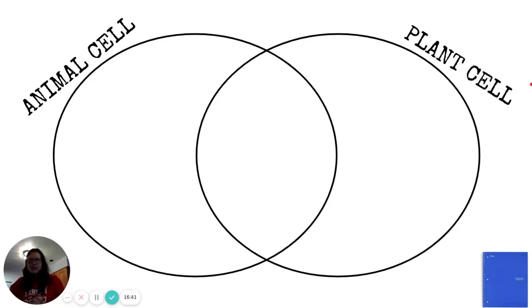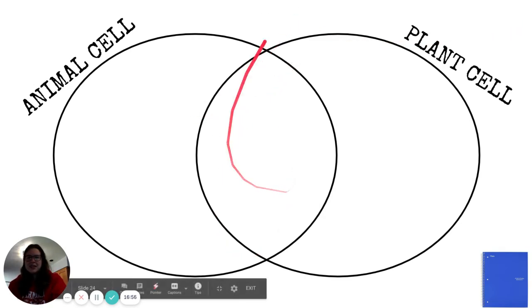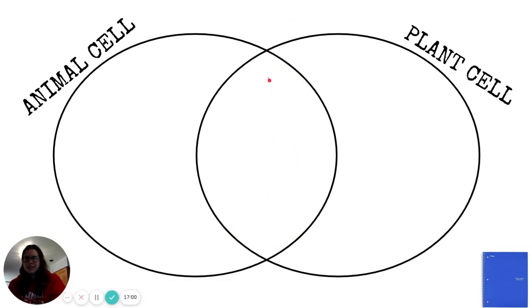So I'd recommend that you right now draw a Venn diagram in your notebook. Okay? I drew mine as 2 circles and I labeled one side animal cell and the other side plant cell. And we know that in a Venn diagram, this middle section represents what they have in common, their similarities. So you could also label this section both.